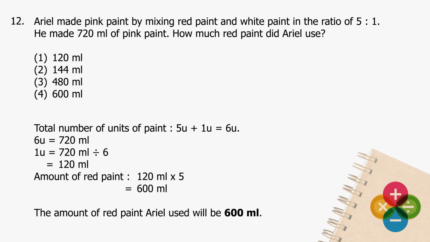The total number of units of paint will be, add 5 units to 1 unit, and the sum is 6 units. 6 units is equal to 720 milliliters. 1 unit will be, divide 720 milliliters by 6, and the quotient is 120 milliliters. The amount of red paint will be, multiply 120 milliliters by 5, and the product is 600 milliliters. The amount of red paint Ariel used will be 600 milliliters. The answer is 4.